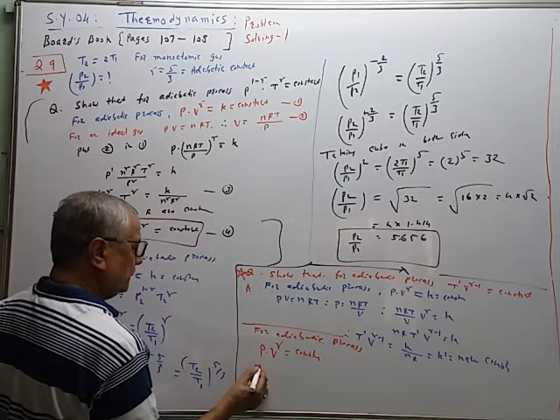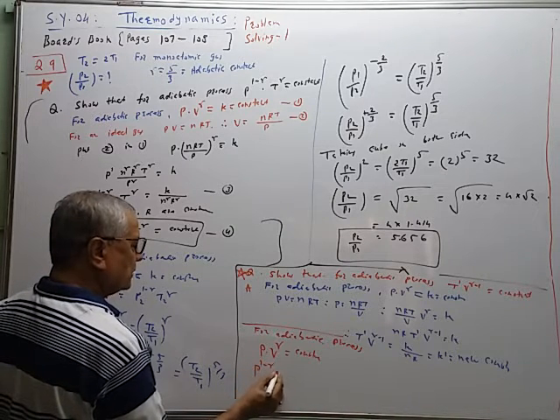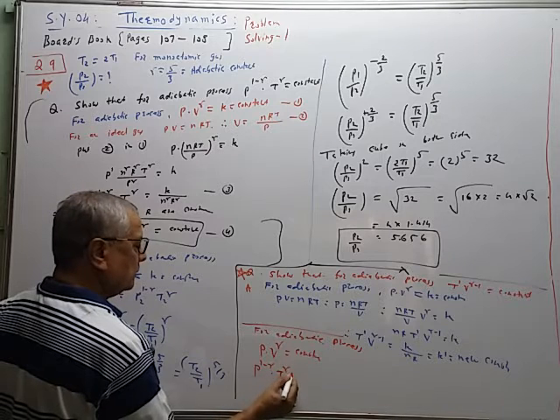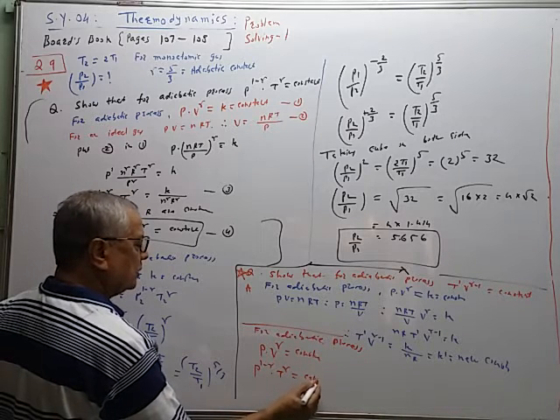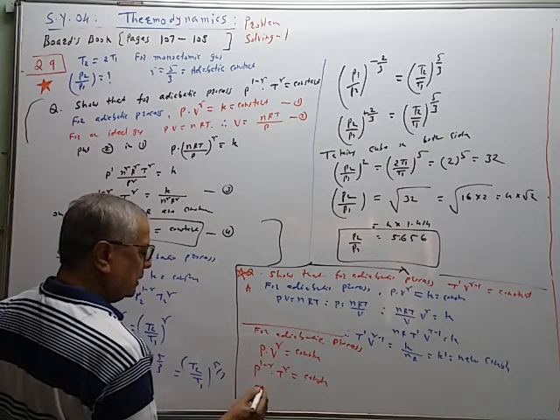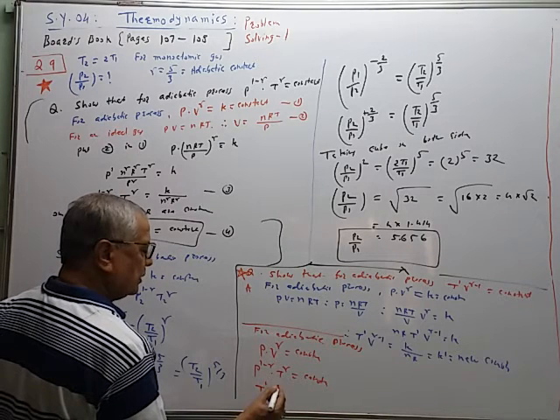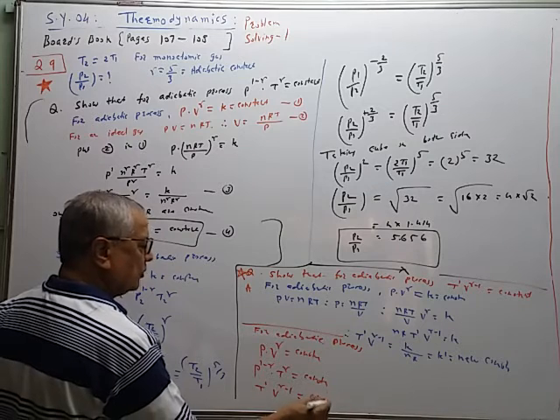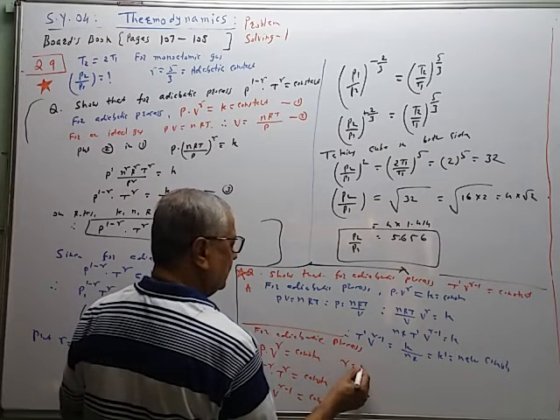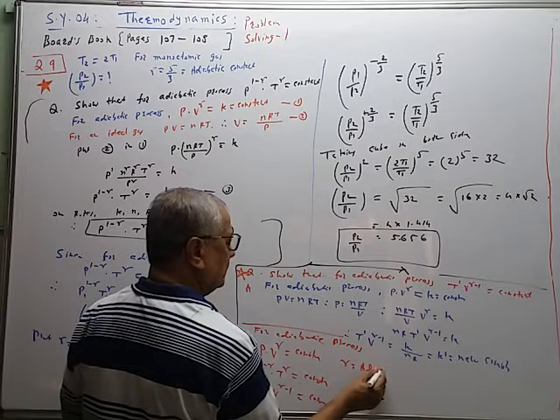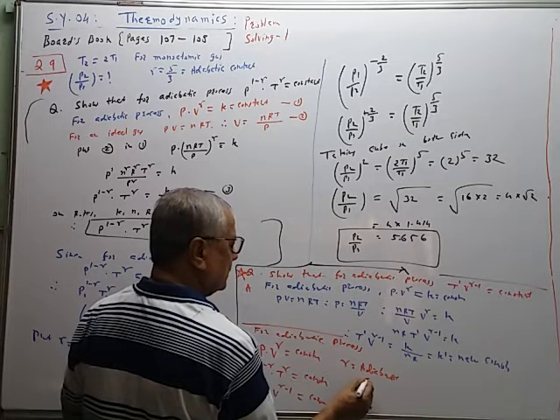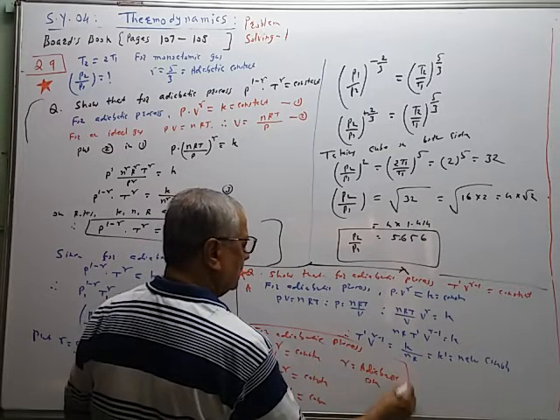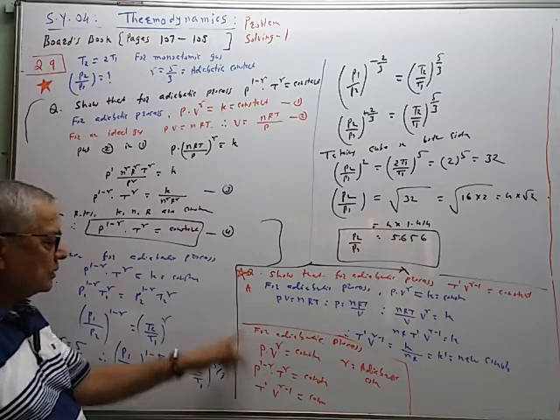P raised to 1 minus gamma into T raised to gamma is equal to constant, and T raised to 1 V raised to gamma minus 1 is equal to constant. Gamma is equal to adiabatic constant. It changes from gas to gas. So these are the three relations.